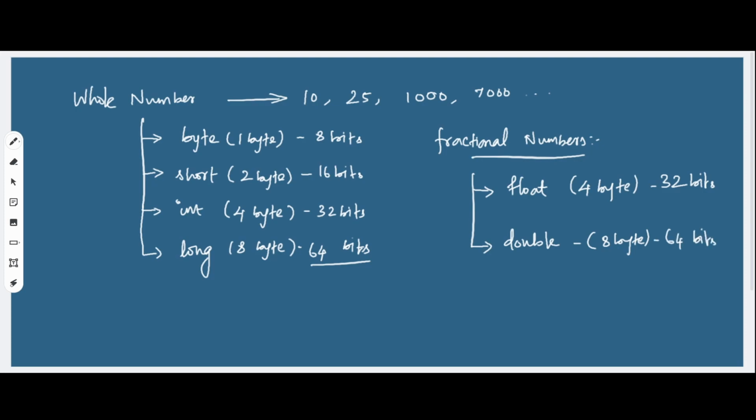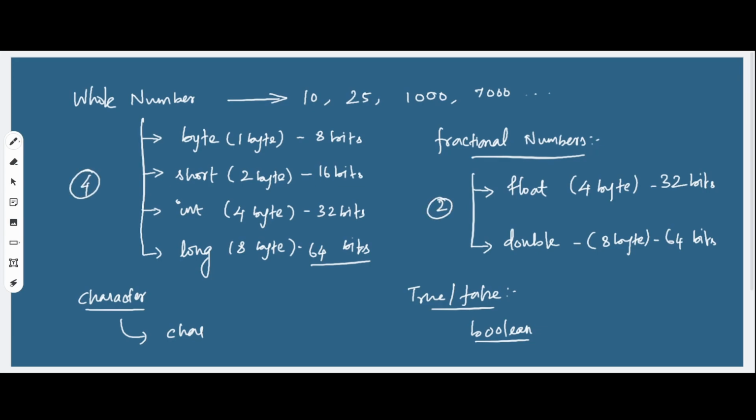To handle characters, we have only one data type, called char. To handle the true or false condition, we have a data type called boolean. So here we have 4 data types, here we have 2, here we have 1, and here we have 1.